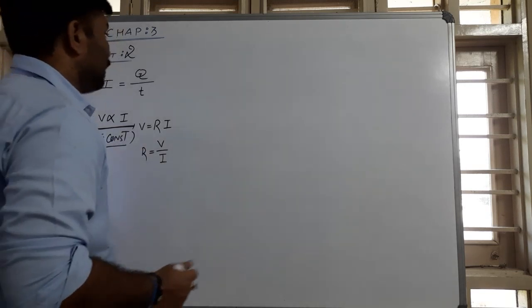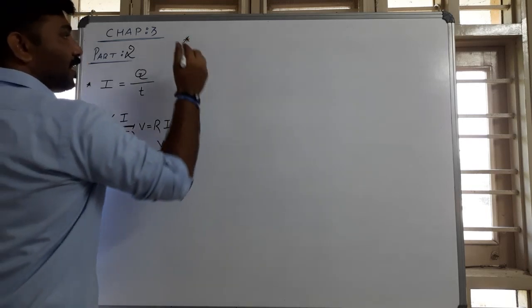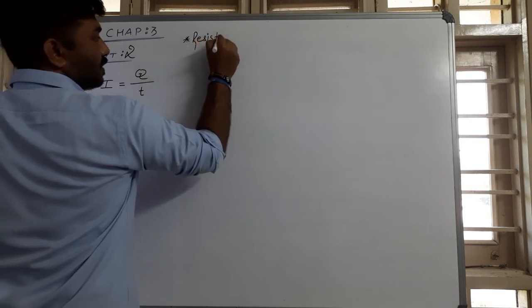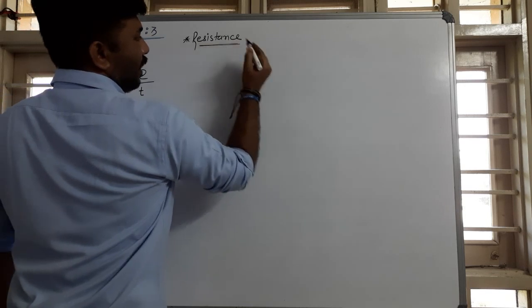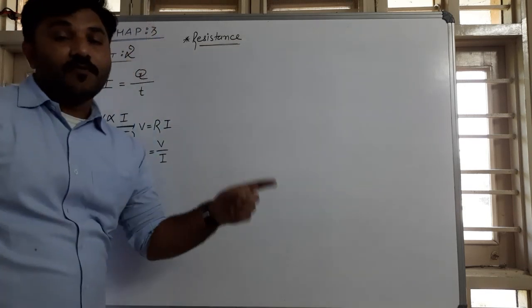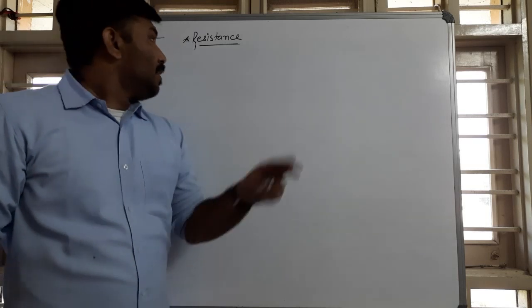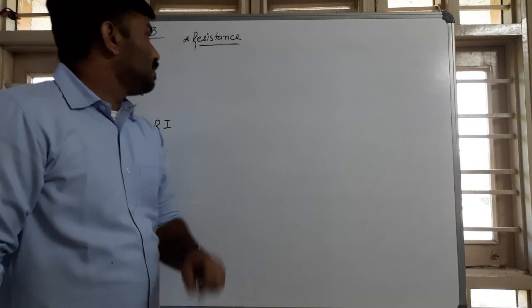Okay. Now let us see the same topic. What is R? R is resistance. Resistance is maximum for insulators and resistance is minimum for conductors.